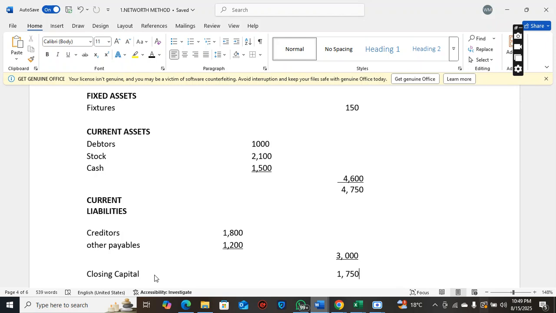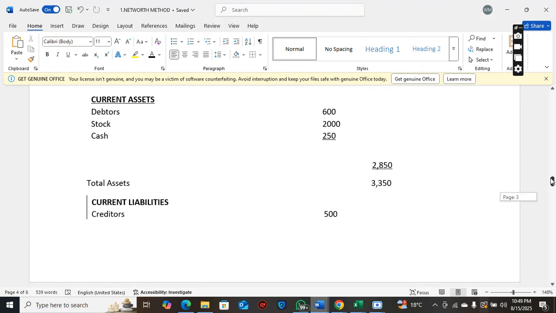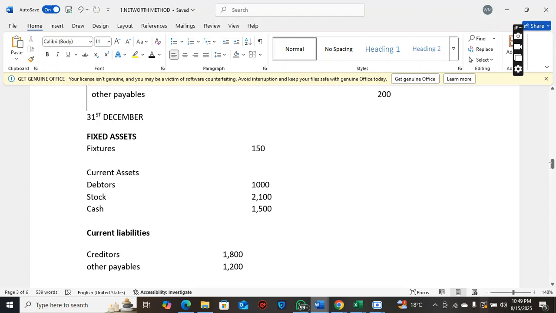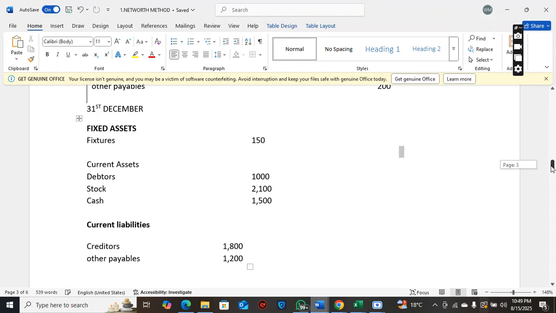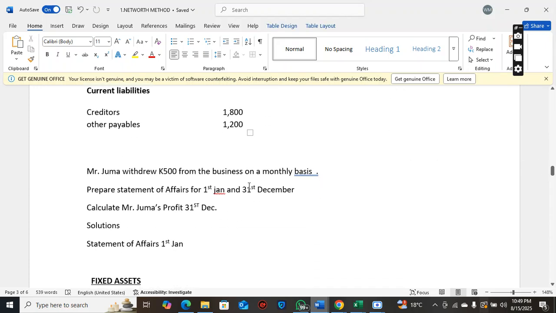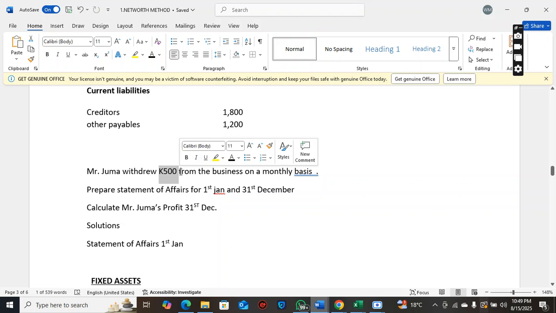Then we can now get our profit. We have our opening and closing capital, and we have drawings. Because this is profit for the end of the year. So this man was withdrawing 500 on a monthly basis. A year has got 12 months.